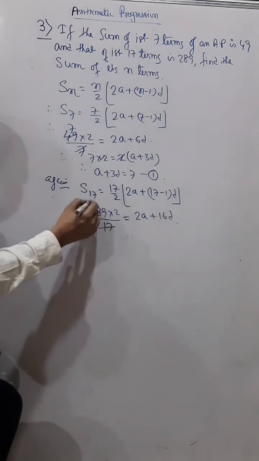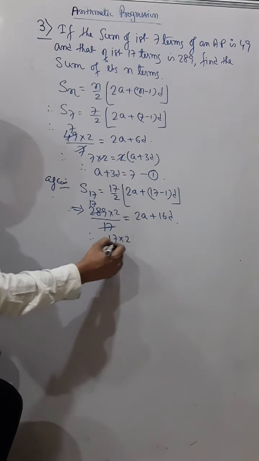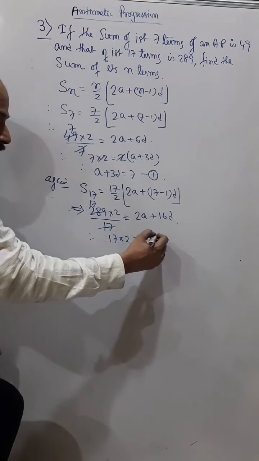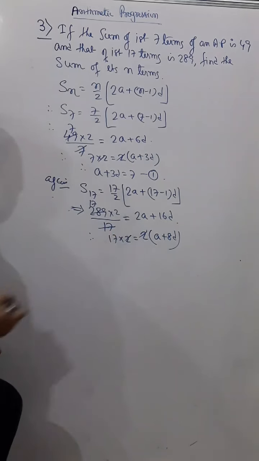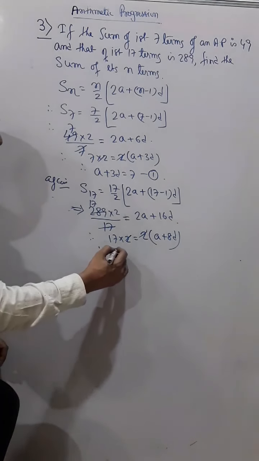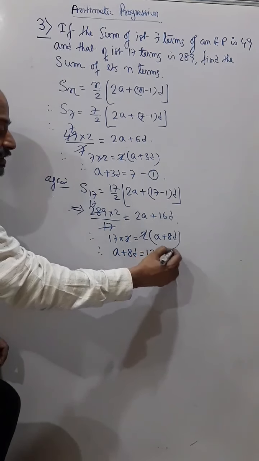Then 17, 289, you know, so we are getting 17 into 2, we can take 2 common, a plus 8d, then these 2 and 2 will get cancelled, and finally we are getting a plus 8d is equal to 17, and this is our second equation.